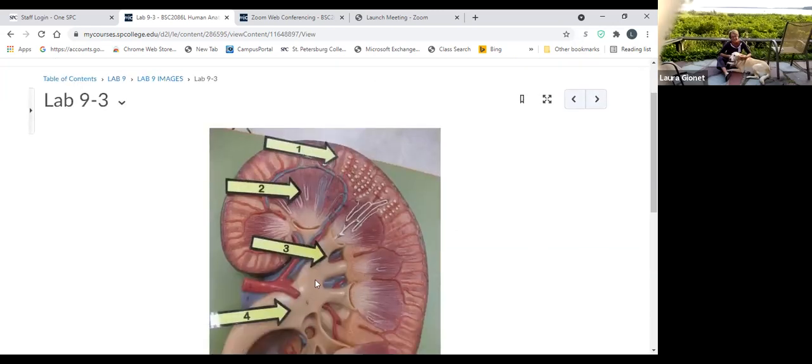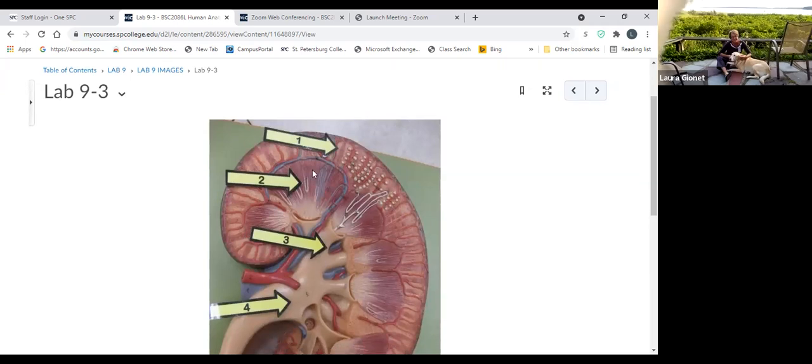All right, now we have a picture of a gross model of the kidney. We have the outer layer called the cortex. Number two is pointing to a pyramid, those dark staining, triangular-shaped pyramids. The region is called the medulla. And then we have the tube systems that are transporting urine.